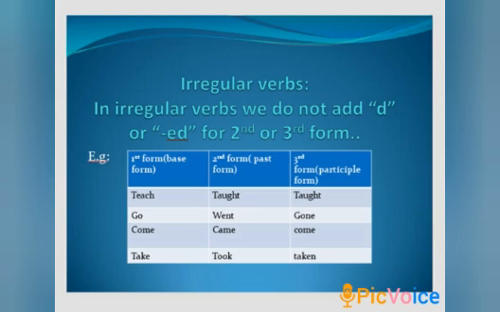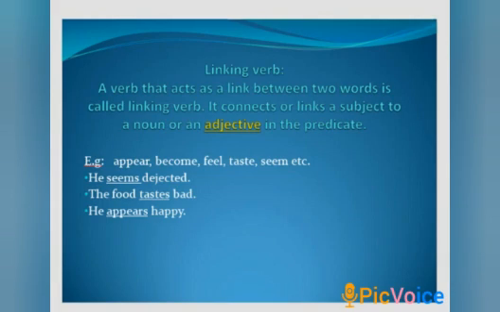Now you have seen that in these examples we have not used d or ed with the second or third form. That's why it is called an irregular verb. So irregular verbs are those in which we do not use d or ed in the second or third form of the verb.